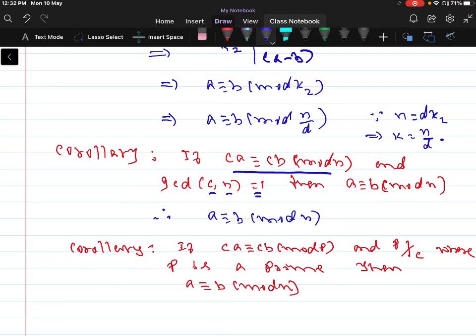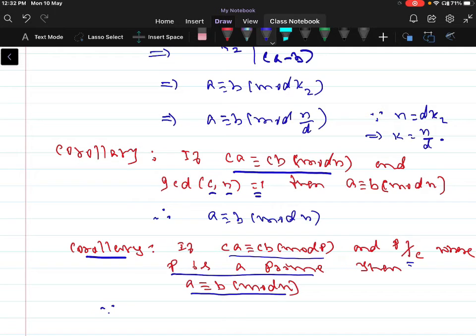Another corollary: if CA is congruent to CB modulo P and P does not divide C, where P is a prime number, then A is congruent to B modulo P. You have to prove that.